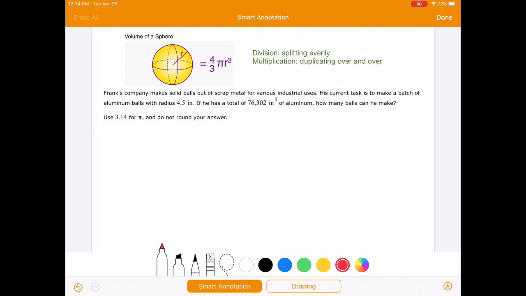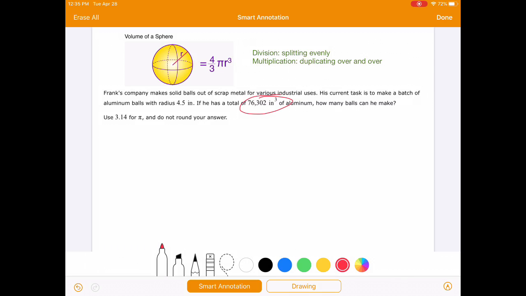Frank's company makes solid balls out of scrap metal for various industrial uses. His current task is to make a batch of aluminum balls with a radius of 4.5 inches, and he has a total of 76,302 cubic inches of aluminum. So how many balls can he make? The idea here is we're taking this total amount of aluminum and we are splitting it evenly among the solid aluminum balls that Frank's company is making.